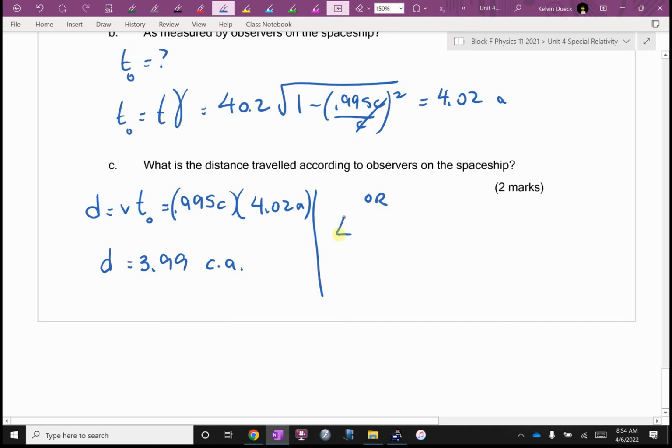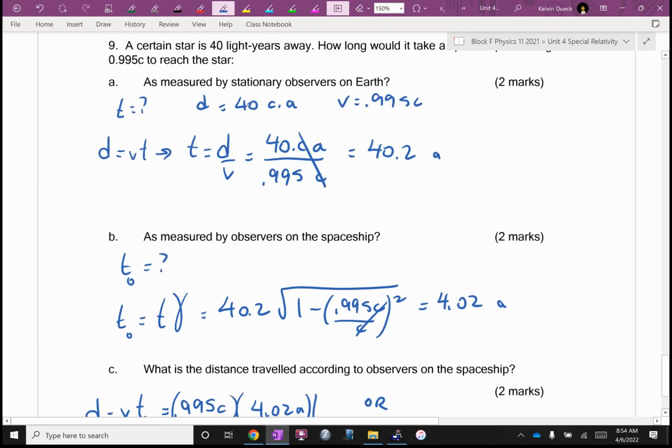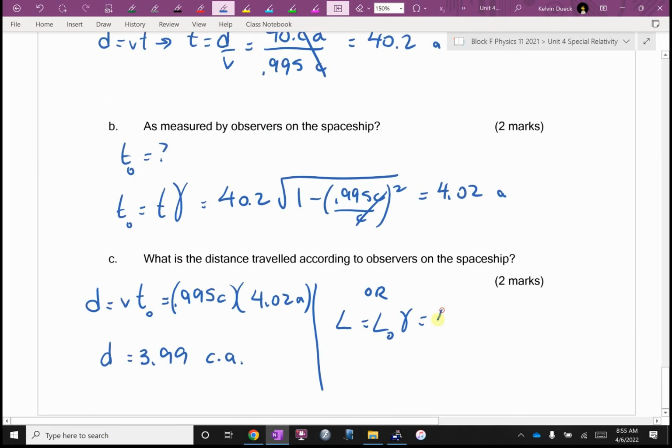Or you could use the length contraction equation. You could say the original length was 40 times the square root of 1 minus 0.995 c over c all squared.